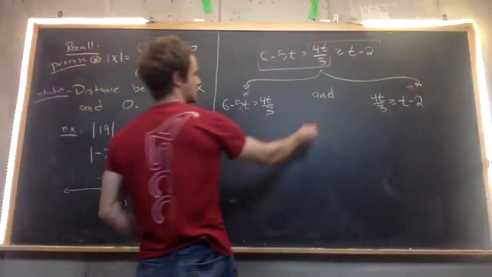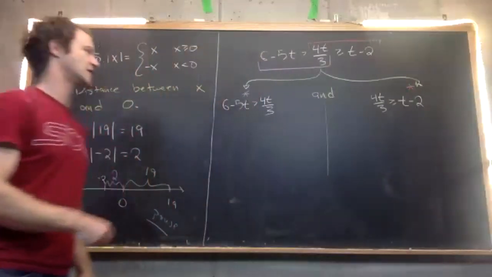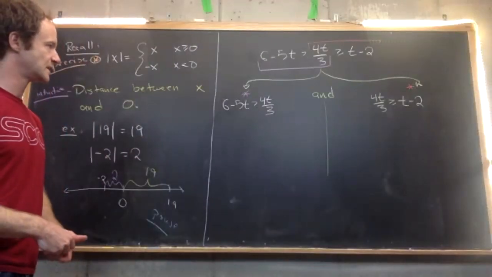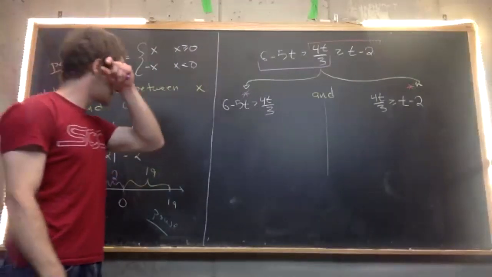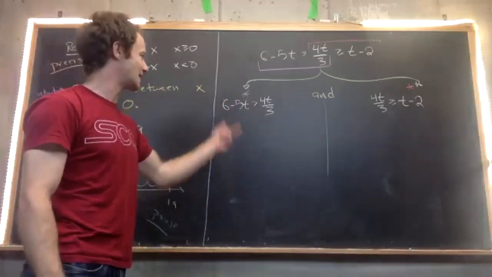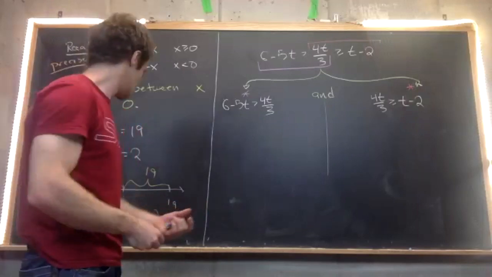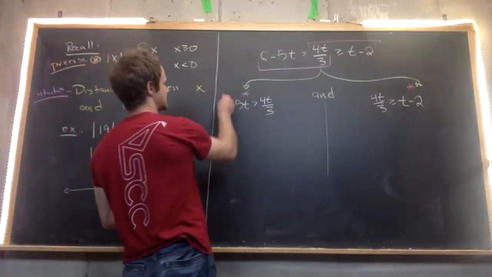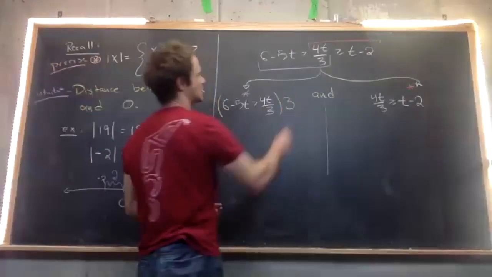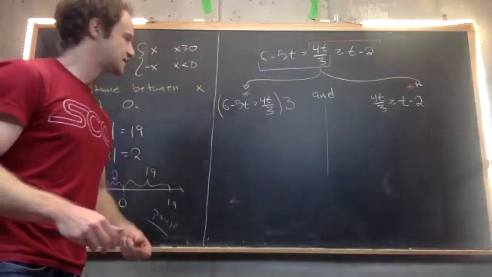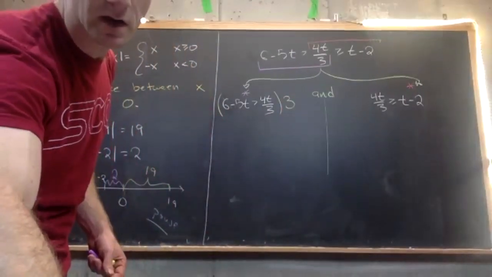So here I'll put a line down to say that we're going to work separately for a while. So let's see. Maybe for this one, what I would like to do is multiply by 3 to get rid of the denominator. So I take this thing, multiply by 3. That's going to kill the denominator.